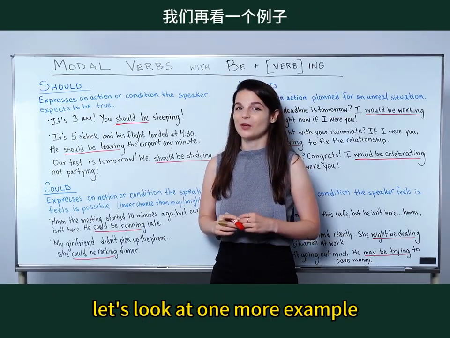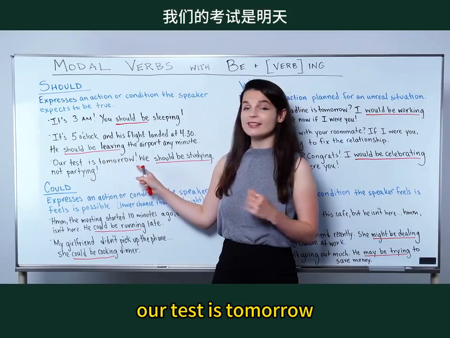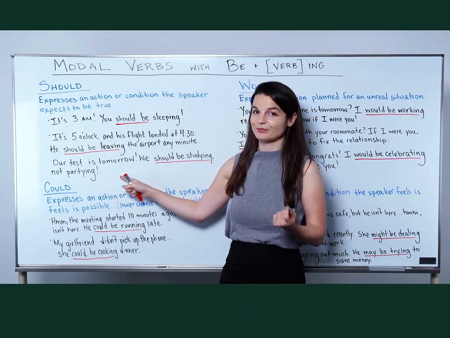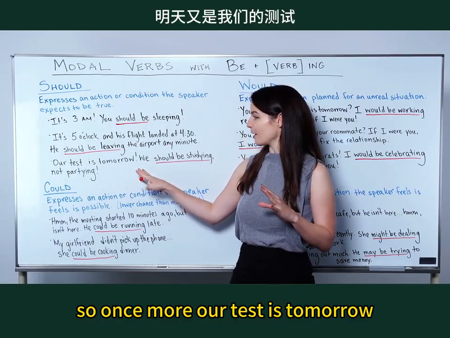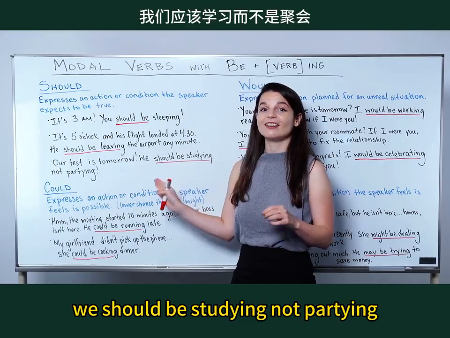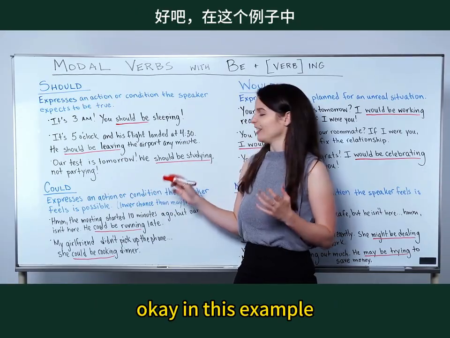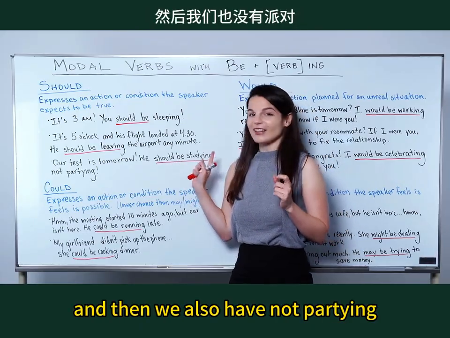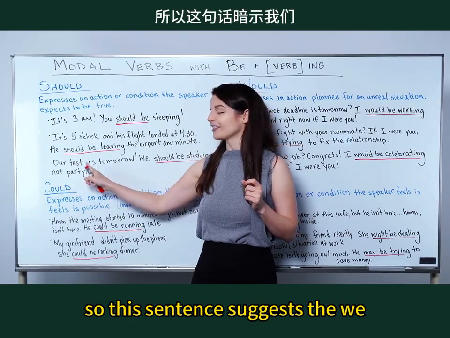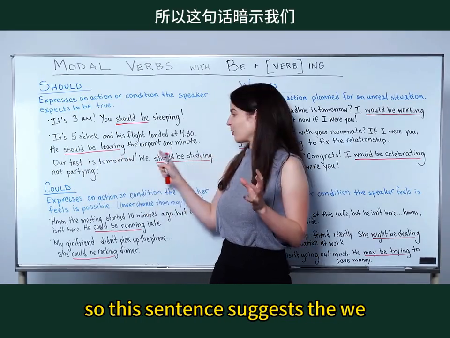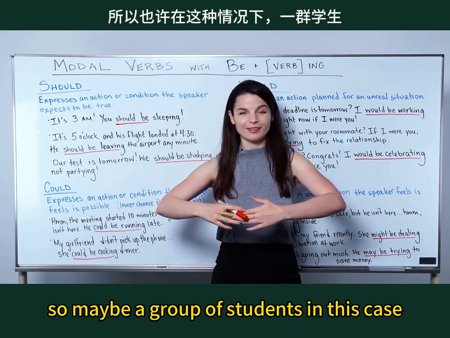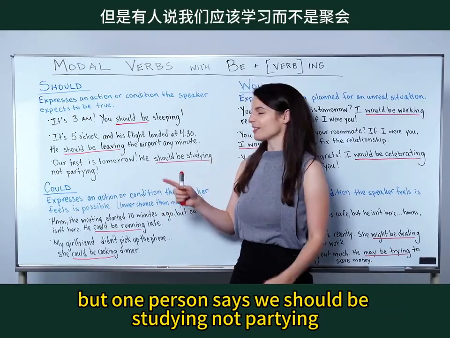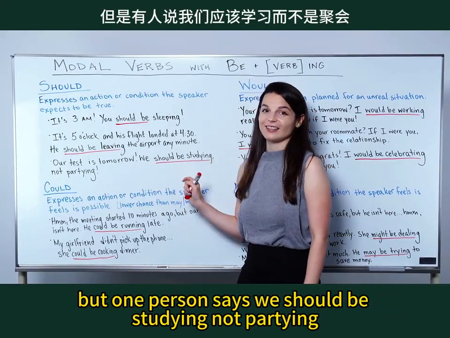Let's look at one more example. Our test is tomorrow. We should be studying, not partying. Okay, in this example, we see should be studying, and then we also have not partying. So this sentence suggests the we, maybe a group of students, now they're partying. But one person says, we should be studying, not partying.